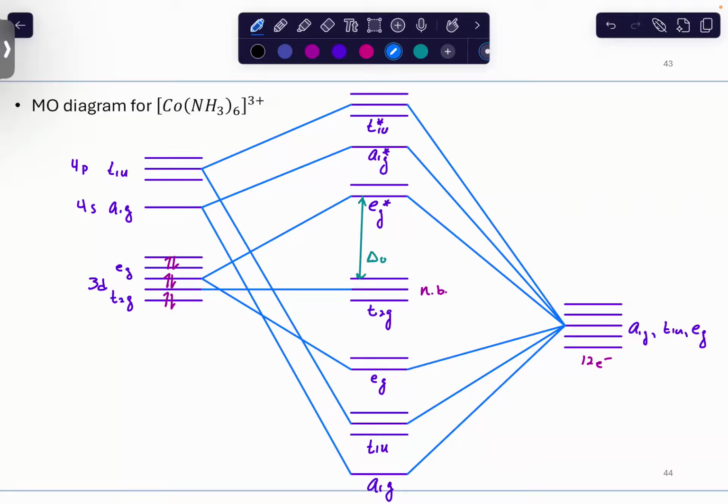So here we have the molecular orbital diagram for our octahedral complex. This molecular orbital diagram is going to be common. So we did it for cobalt in H36. This is going to be common for your ML6 complexes.